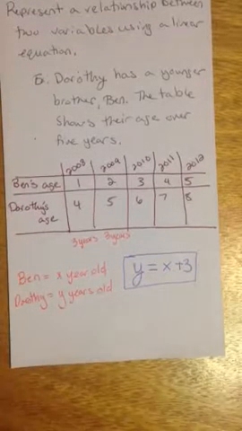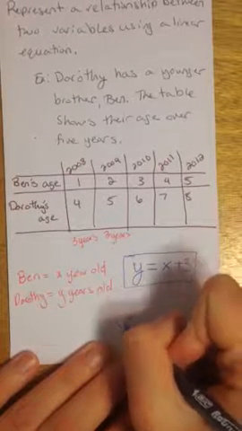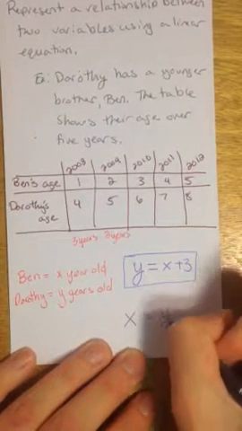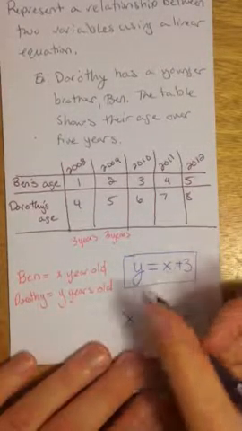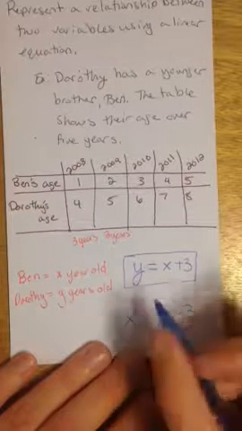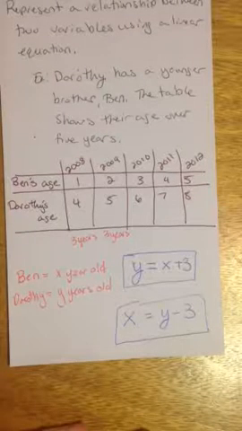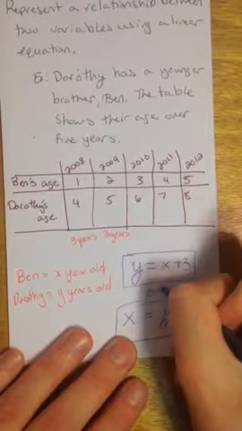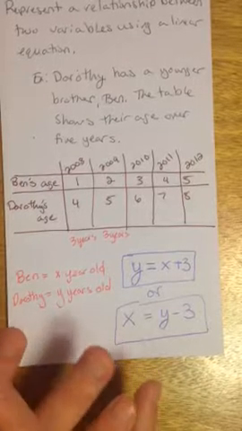I could also say this slightly differently. I could say, well, Ben is equal to Dorothy's age minus 3 years. Okay. So this would be Y according to X, and this would be X according to Y. Okay. So there's two different ways you could have represented that linear equation. Okay. And either way would be correct.